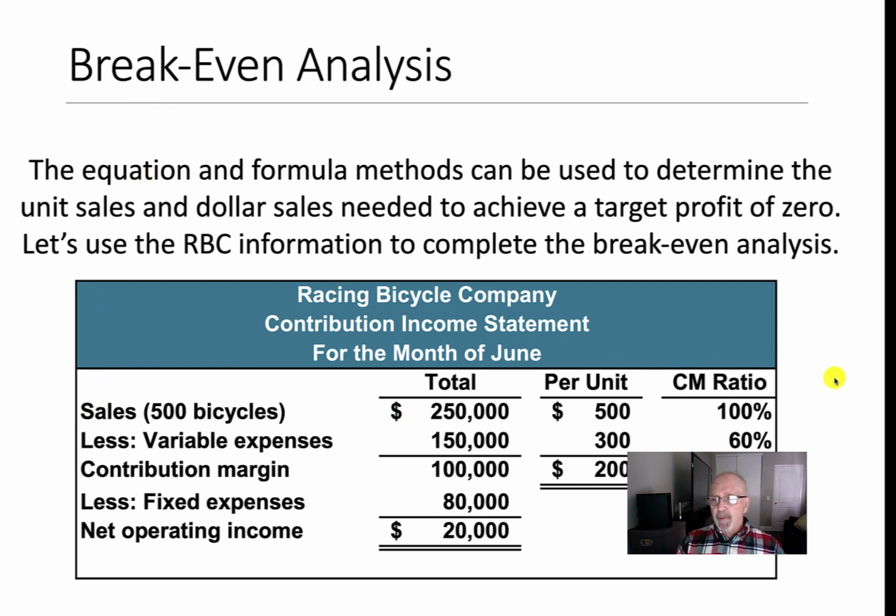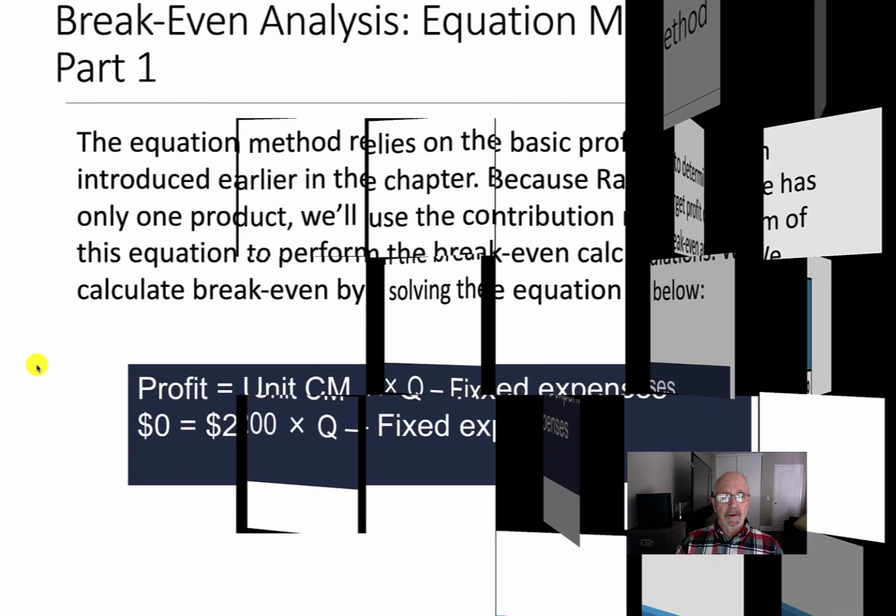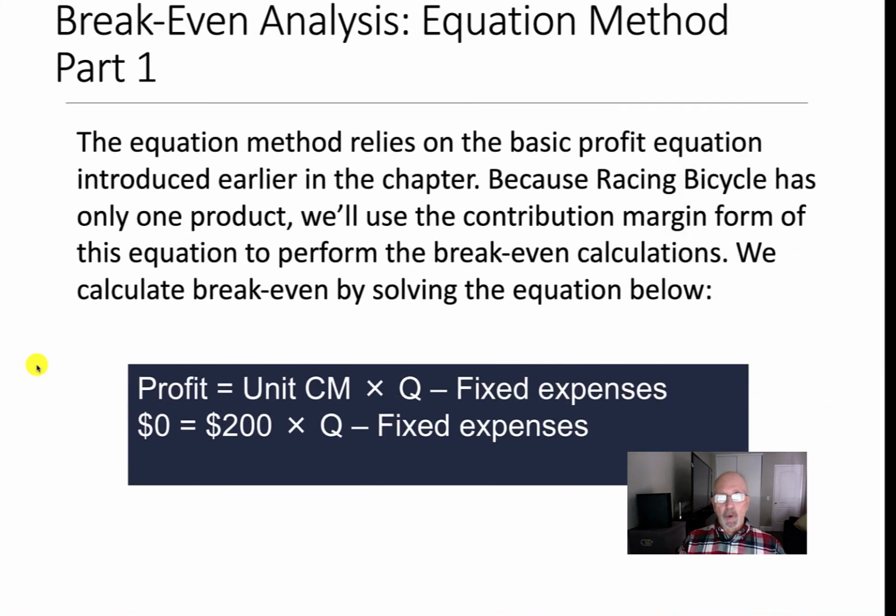So we've got the same basic information as before. And the equation method relies on the basic profit equation, right? So we've got profit equals unit contribution margin times quantity minus fixed expenses. We've been working with that for a while now. Now, with break-even analysis, the profit is going to be zero, meaning there's no profit, there's no loss.